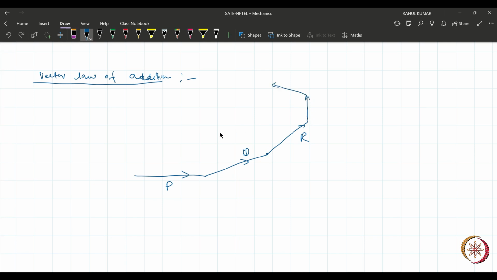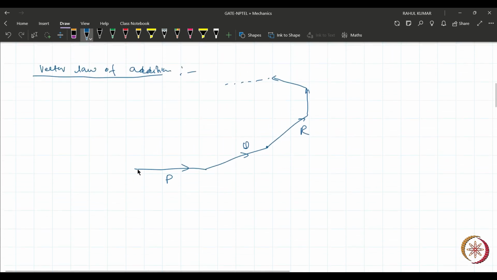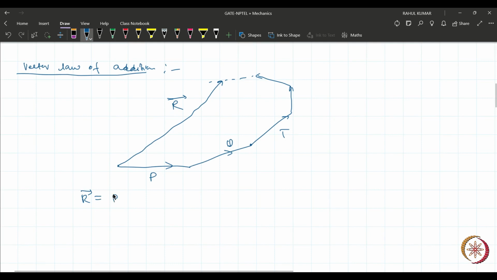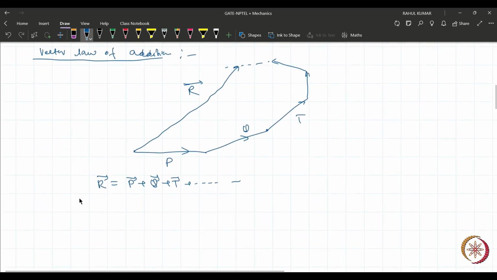So the vector law of addition says if we connect the tail of the initial vector to the head of the final vector, which is called R, we can write here T because that is same. Okay, so if we connect the tail of vector P to the head of the final vector, then the vector law of addition says R vector must be equal to the summation of all those vectors. Okay, so that is the vector law of addition.